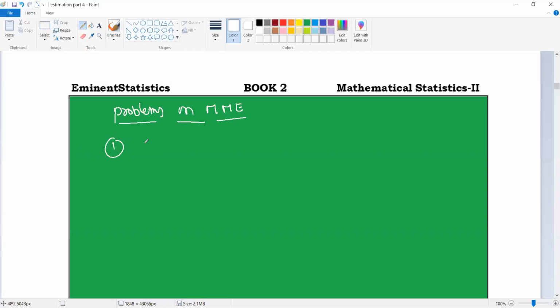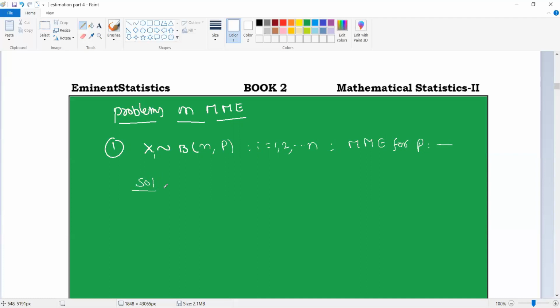First problem: X follows binomial (n, p). A random sample Xi, i equal to 1 to n, is drawn from this Bernoulli population. Find the MME for p.